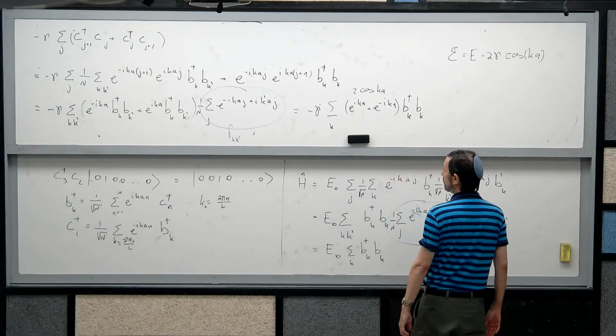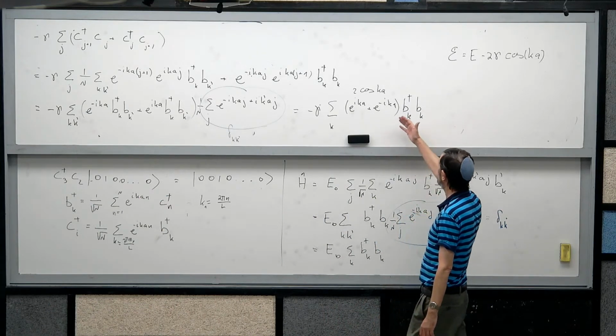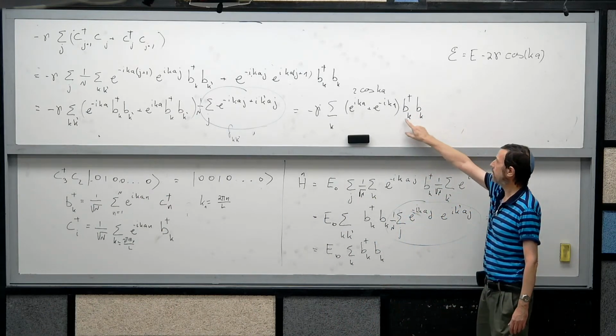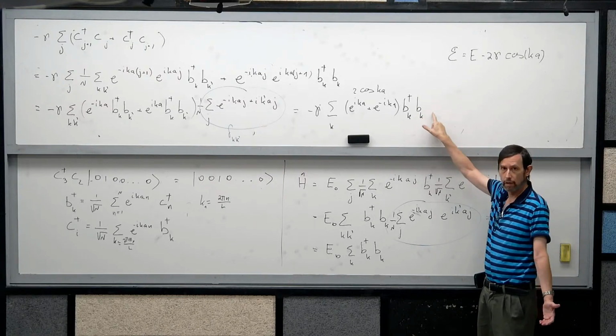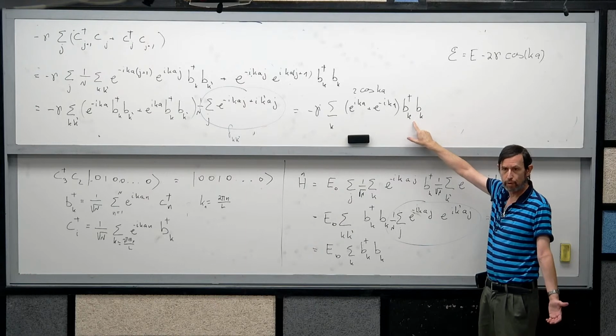Basically I solved it and saw that if I'm in a K state, this is the number of electrons in a K state, right?